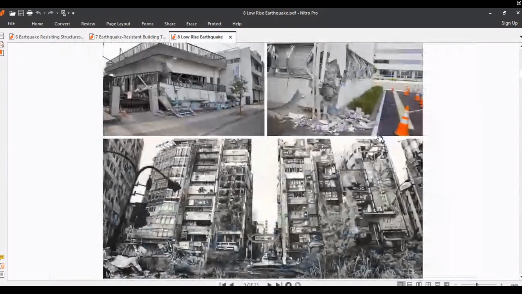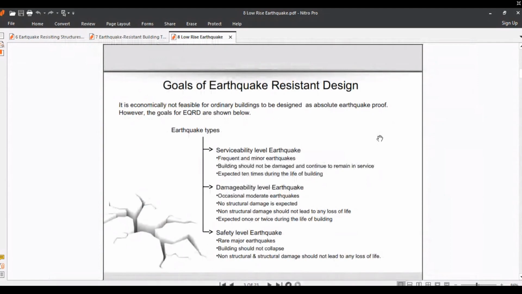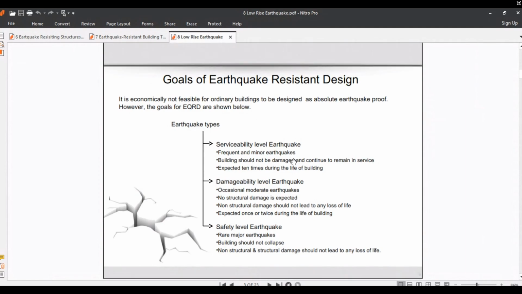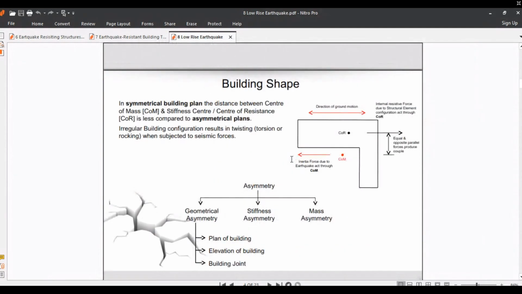Okay, we also have some ways of earthquake resistant design, such as solving problems with foundations after the earthquake occurs, and reducing the differential settlement in the foundations and liquefaction in the building, to reduce the energy of the earthquake.